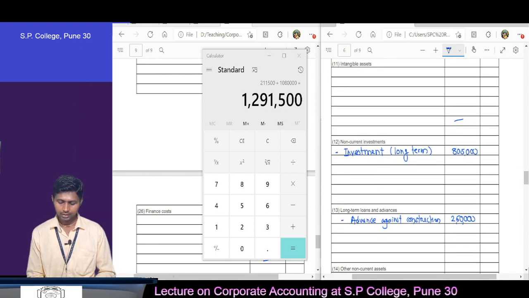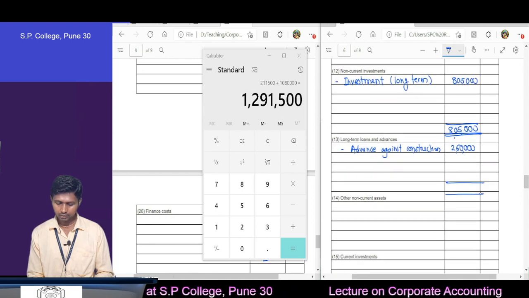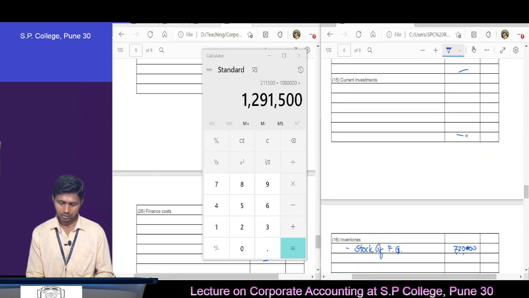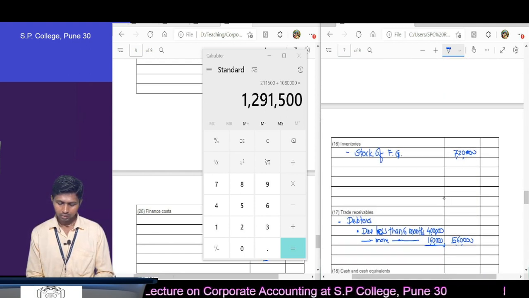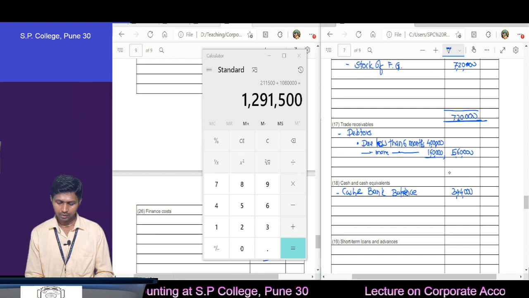Next, intangible dash, investment total 8,05,000 rupees. Then long-term loans and advances 2,60,000 rupees. Other dash, current dash, here inventory is 7,20,000. Debtors 5,60,000.